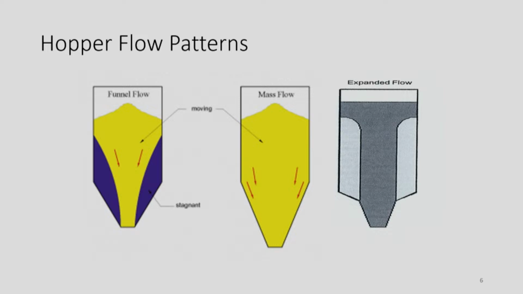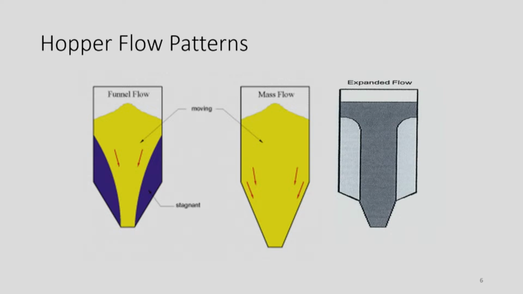So a combination of these, you can see there will be 2 hoppers at the bottom. One is a mass flow hopper outlet and this is a funnel flow outlet. So you get an expanded flow, most of the material from the top is moving and some of the material in the center core is moving.